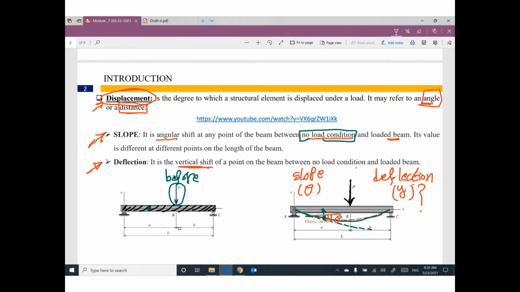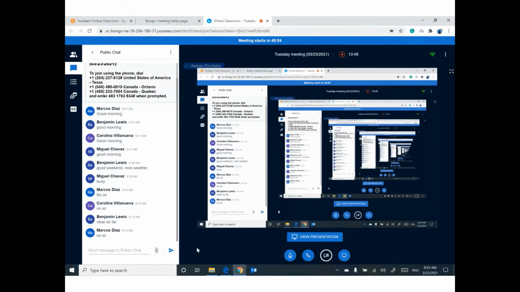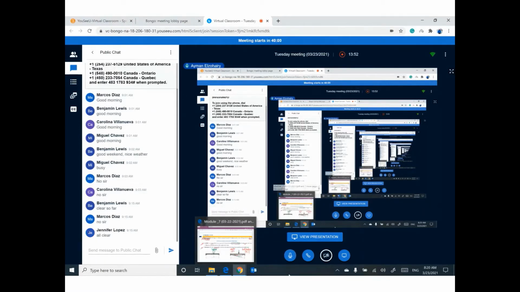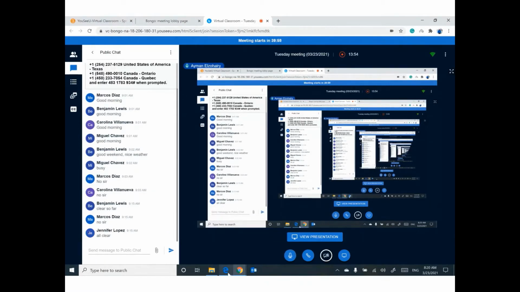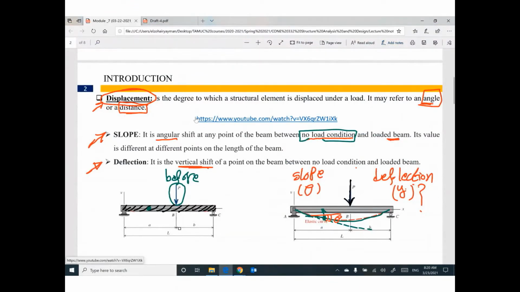Any questions so far? So we are talking about a new topic called deflection and slope. To be more clear, let's watch this video.